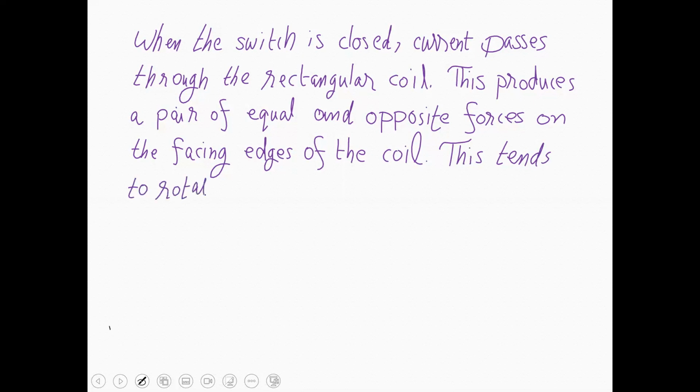This tends to rotate the coil in one direction.